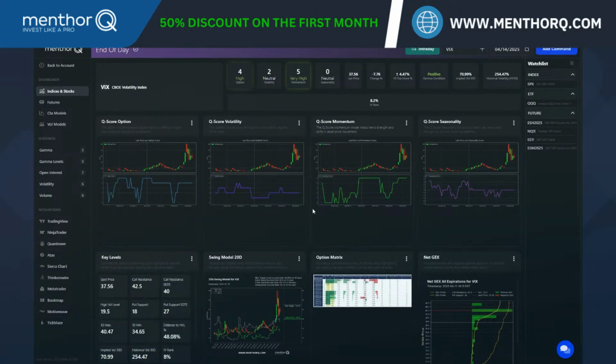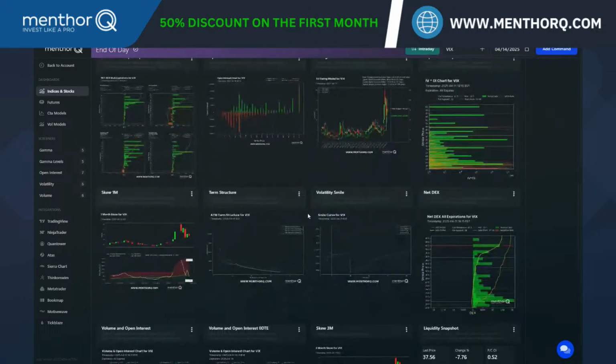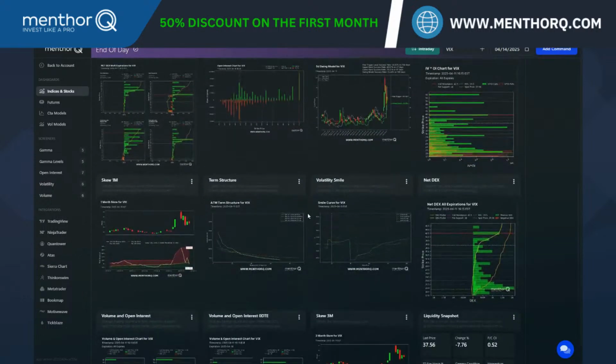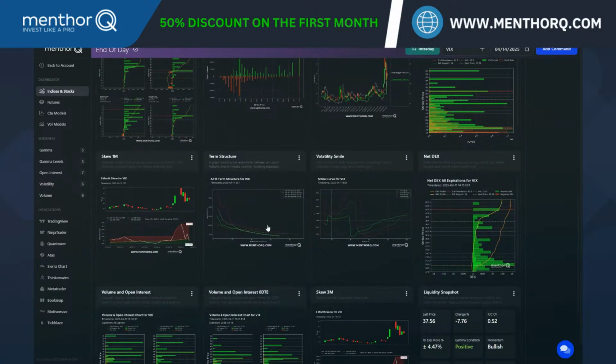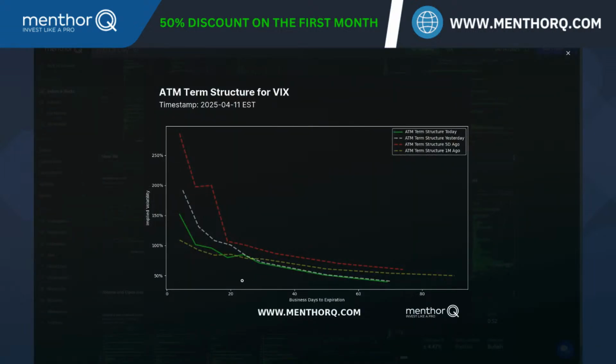And let's look at the data on that. One of the things you could see here is this at-the-money term structure. This is the VIX on April 14th, and this is suggesting that we would have a decline in VIX.